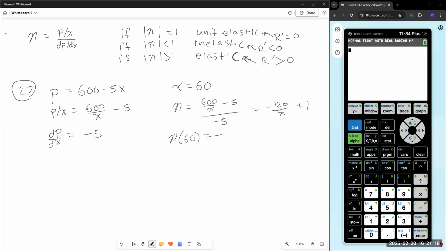So -120 over 60 plus 1 is -2 plus 1, which is -1. So the absolute value of eta of 60 is the absolute value of -1, which is 1, which means it's unit elastic.